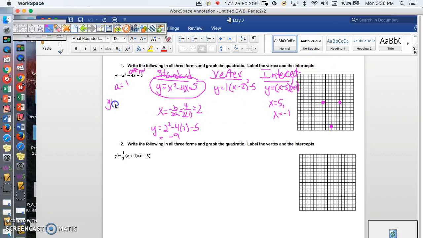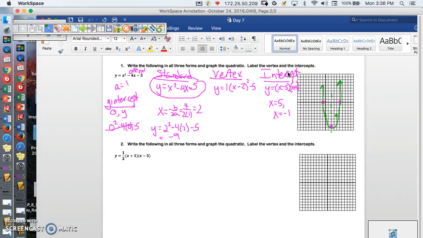What is our y-intercept if we graph it? Again, that's x equals 0. So if we plug that in, 0 squared, minus 4 times 0, minus 5, our y-intercept is at -5. And we know that this is an axis of symmetry, so we could add another coordinate, because then we can make a nice accurate parabola here.